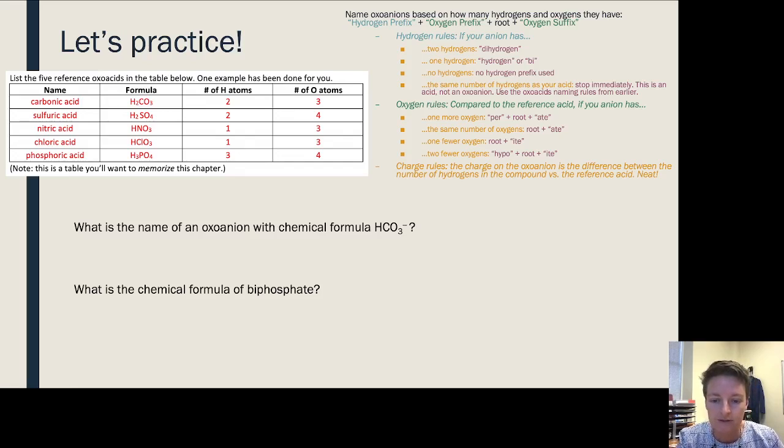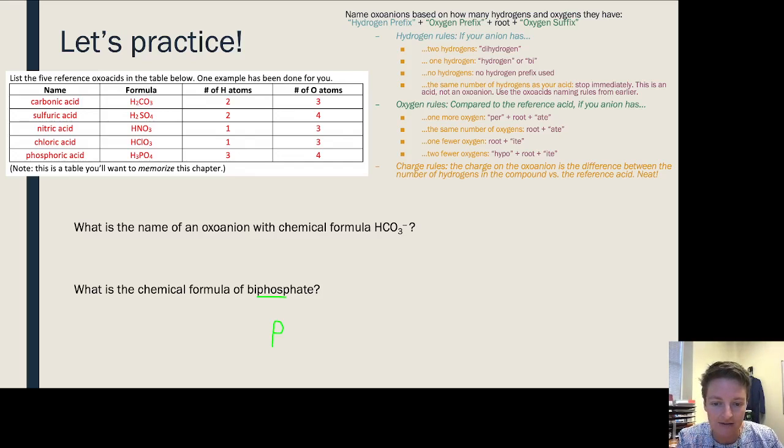All right, so in this case, I'm going to see if I can go from my name to my formula. The first thing I notice is that I have the root word phosphate showing up in this compound. So I know that whatever else happens, this compound is going to involve a phosphorus. Next, I'm going to see how many oxygens are present.